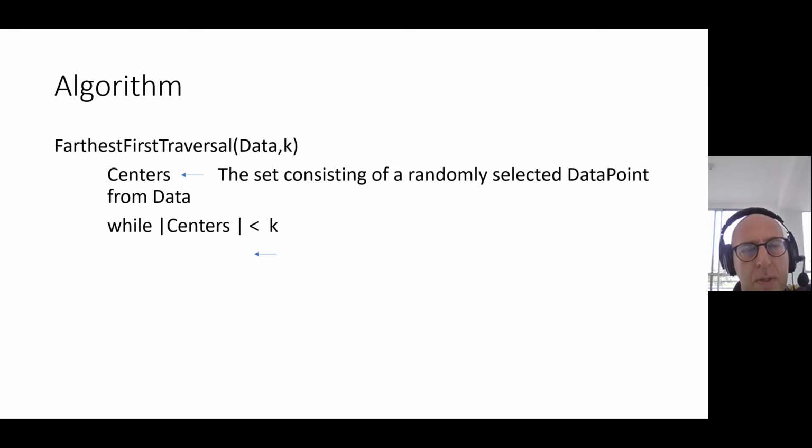So we have the set consisting of a single data point, and we have a while. This is an iteration. This symbol, a pipe, refers in this case to the number of elements in the set centers. We wish to cluster data into K clusters with K centers.